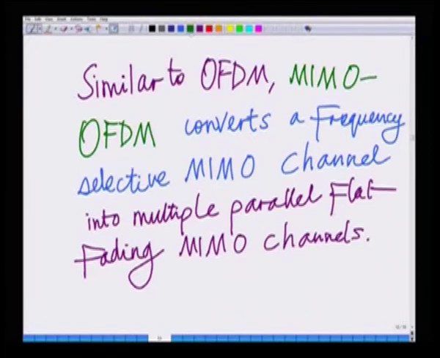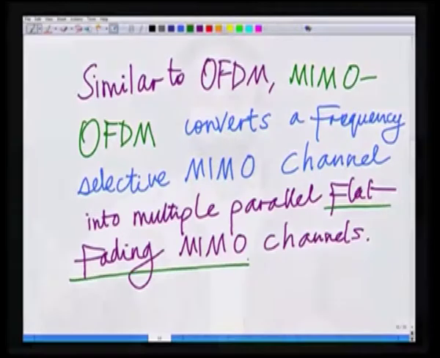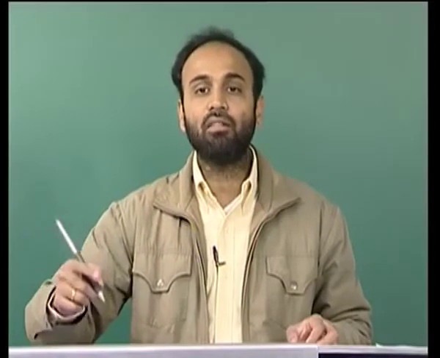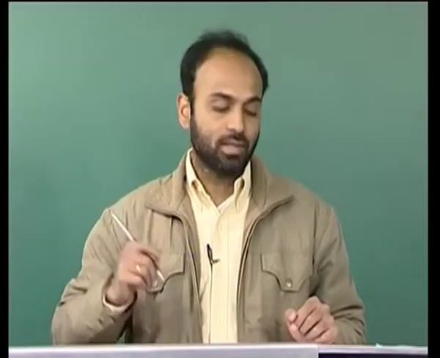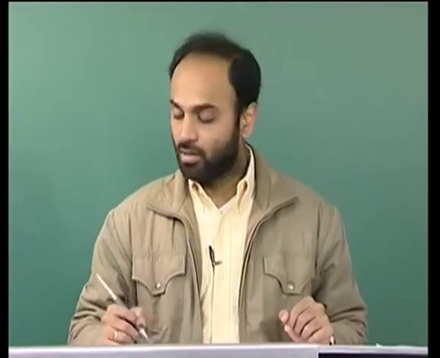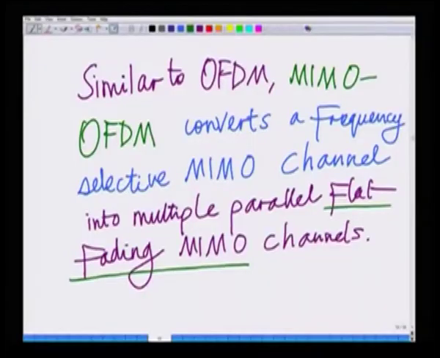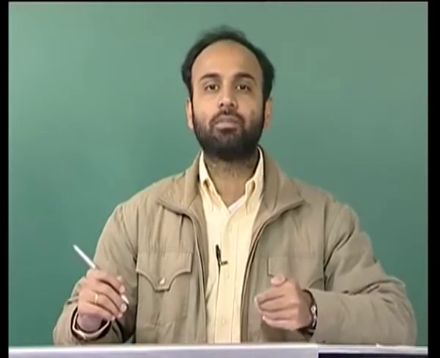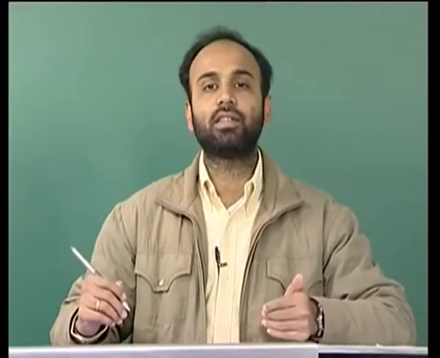The key here is flat fading MIMO channel. So, it converts a MIMO frequency selective channel into a set of parallel flat fading MIMO channels, thus simplifying receiver processing. Now, in the absence of a flat fading MIMO channel, one needs to eliminate MIMO intersymbol interference, and this essentially implies that you need a MIMO equalizer.